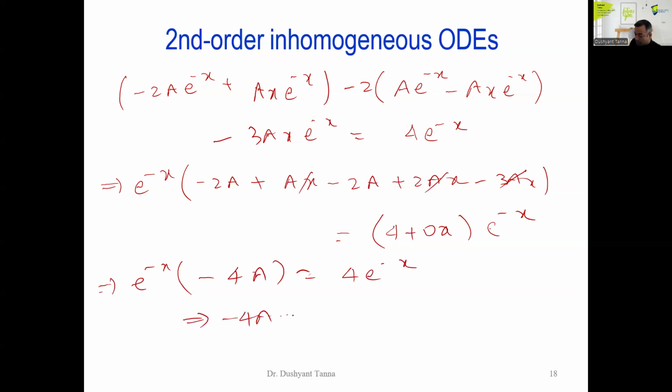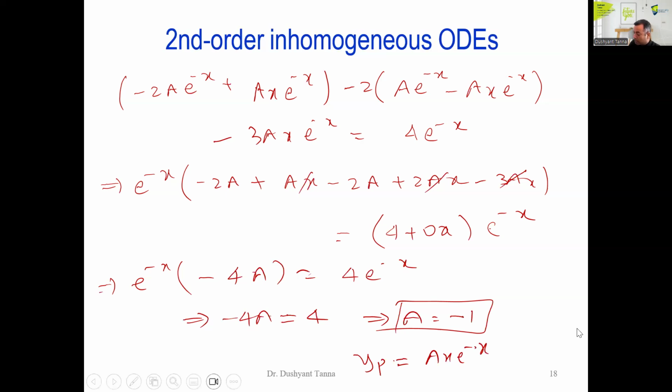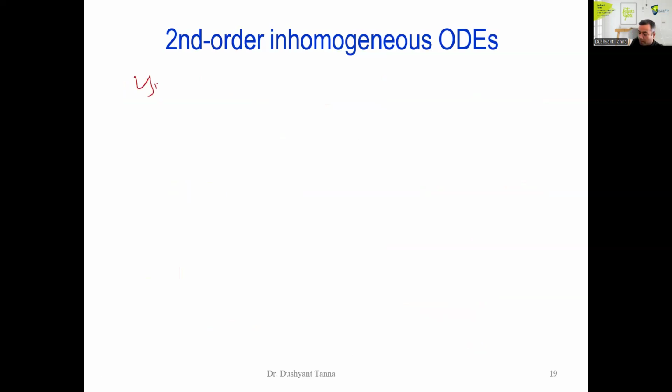Therefore, minus 4a is 4, leaving you a is equal to minus 1. And therefore, your yp, which was ax e raised to minus x, will turn out to be yp is equal to minus x e raised to minus x. All right, step 3.